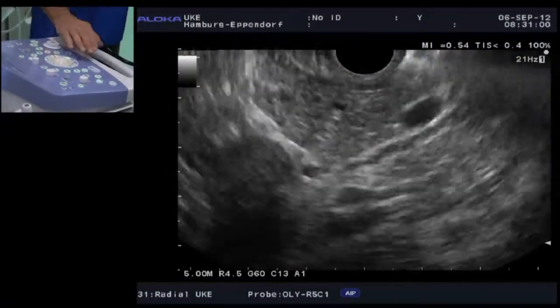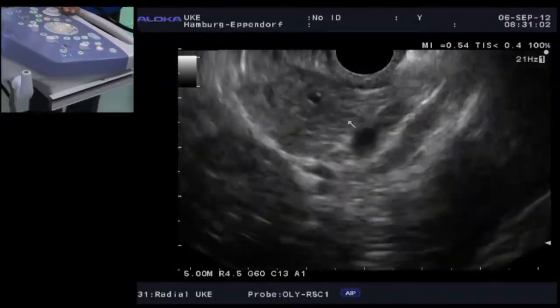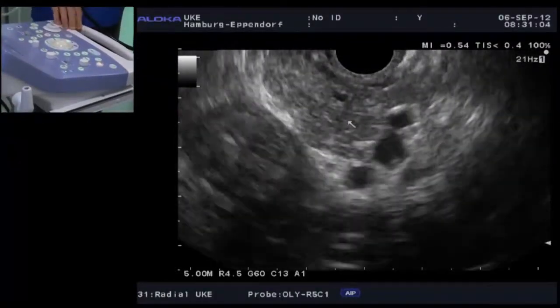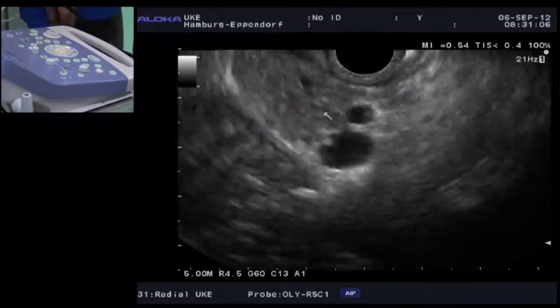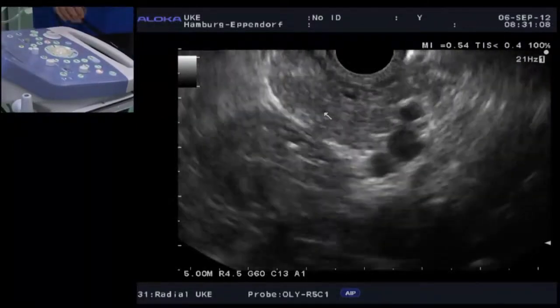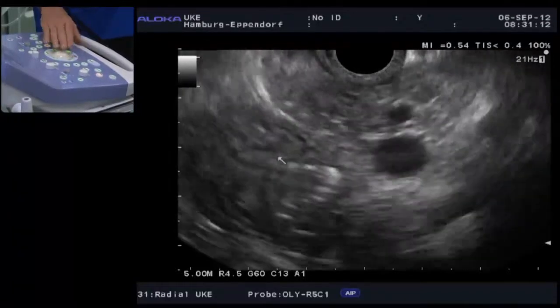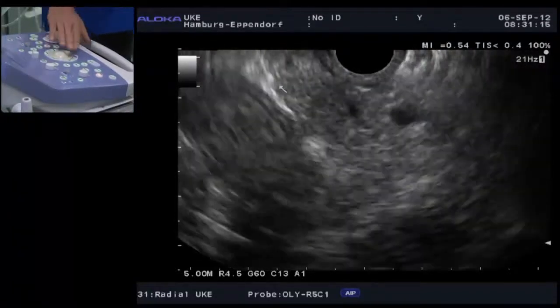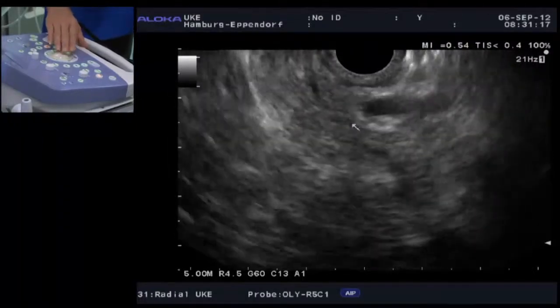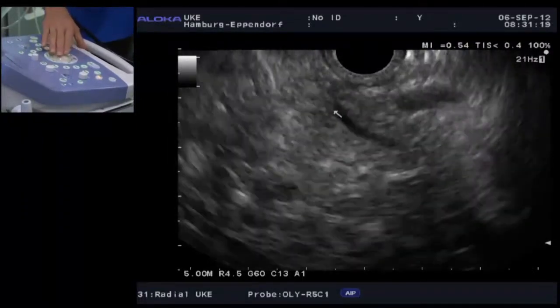I follow the pancreas a little bit more in the direction of the head of the pancreas. On the left side you can see a small bowel. I follow the pancreas more and more, and now you see the pancreatic duct very long.